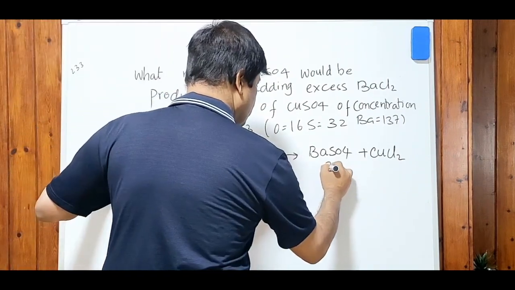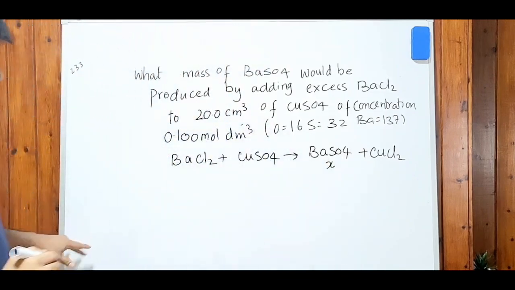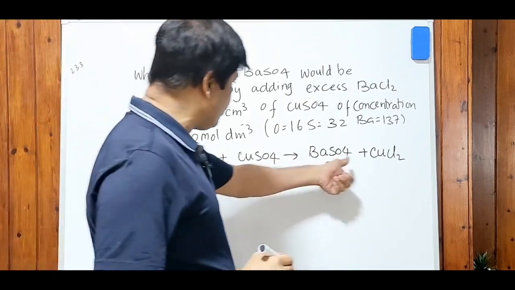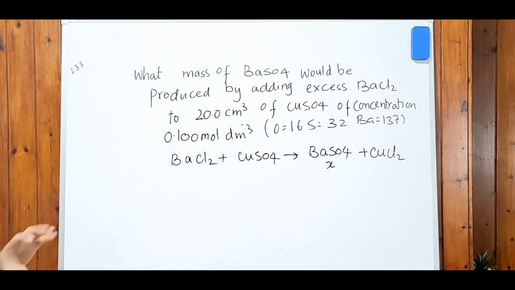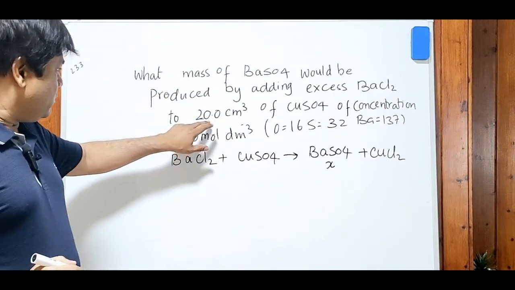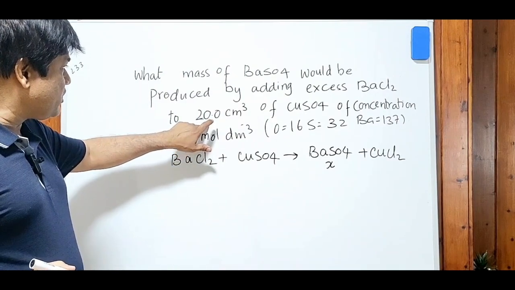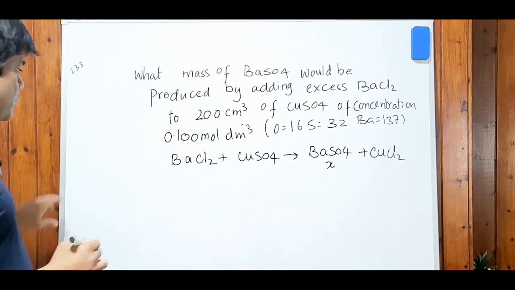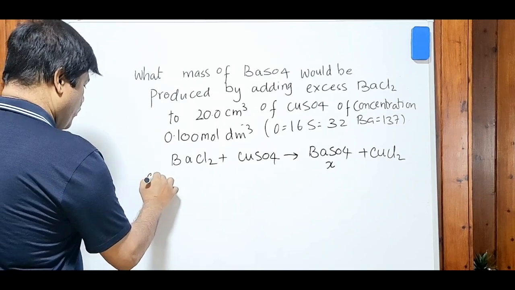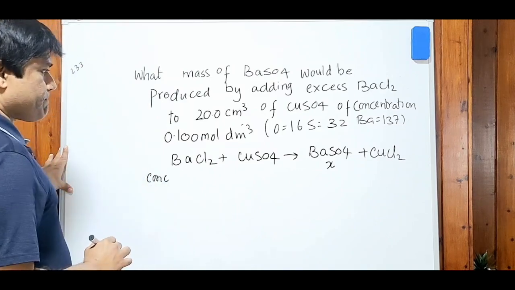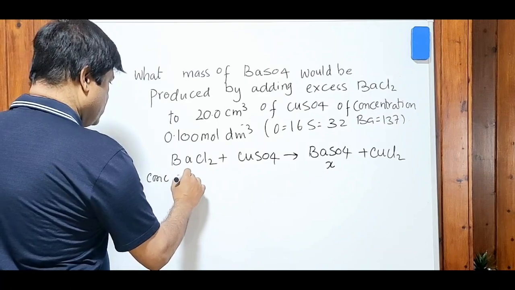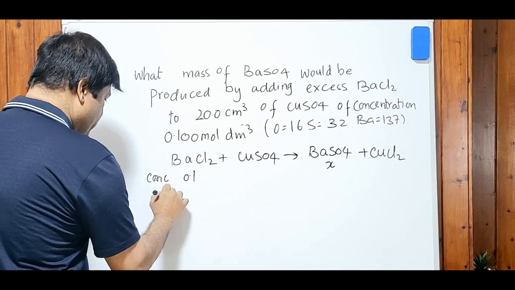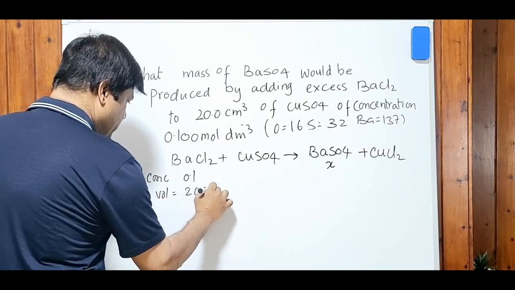So we have to work out the mass of barium sulfate. Look at the molar ratio: 1 mole, 1 mole, 1 mole, 1 mole. And what is provided in that question? We have 20 centimeter cube of barium chloride. So conc of barium chloride is given, which is 0.1, and volume of barium chloride is given, which is 20 centimeter cube.